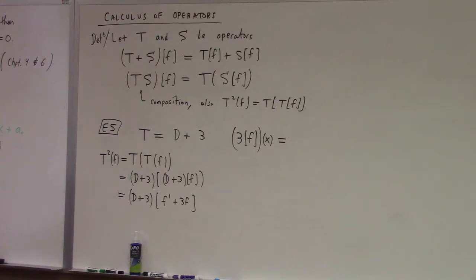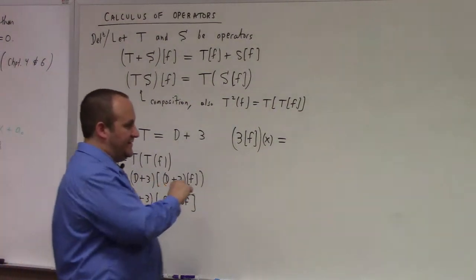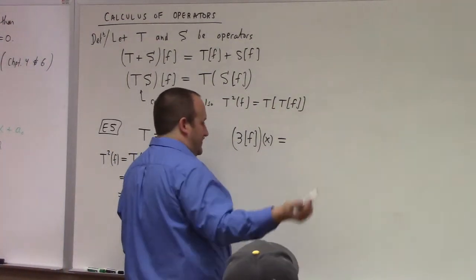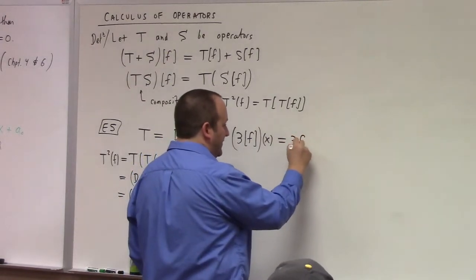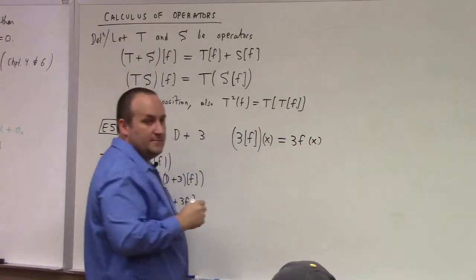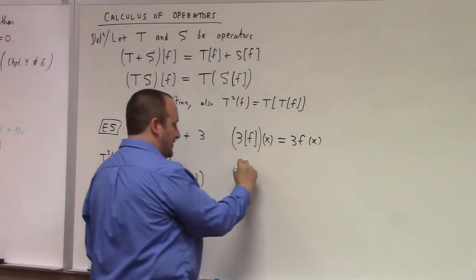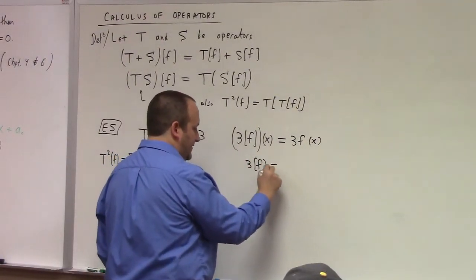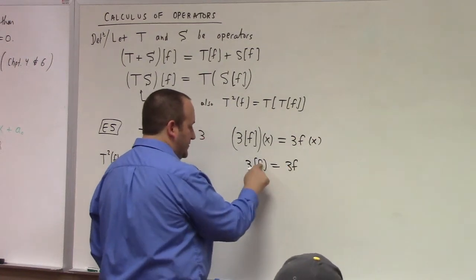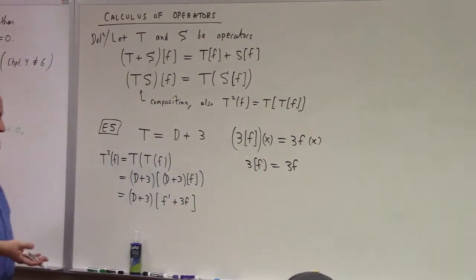I'm telling you how it acts at the point X. It's 3 times F of X, right? If you want to strip off the X dependence, you could also write this as 3 acting on F is just 3F. It's up to you. This is a silly comment, but it's a necessary comment because we do think about multiplication by a number as being an operator. It is an operator, right?